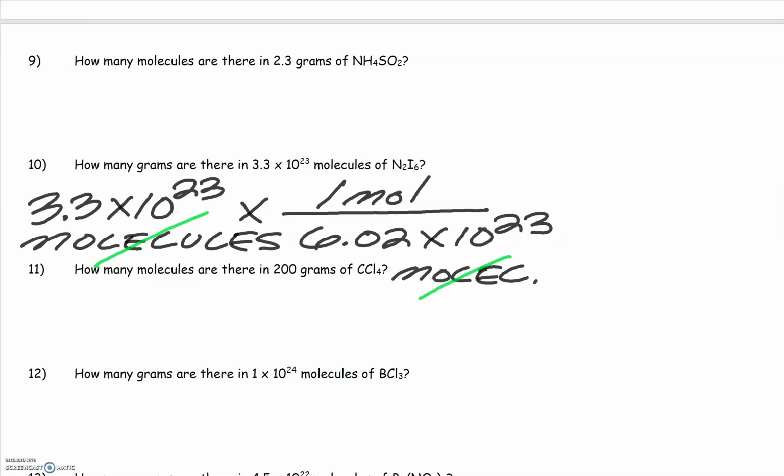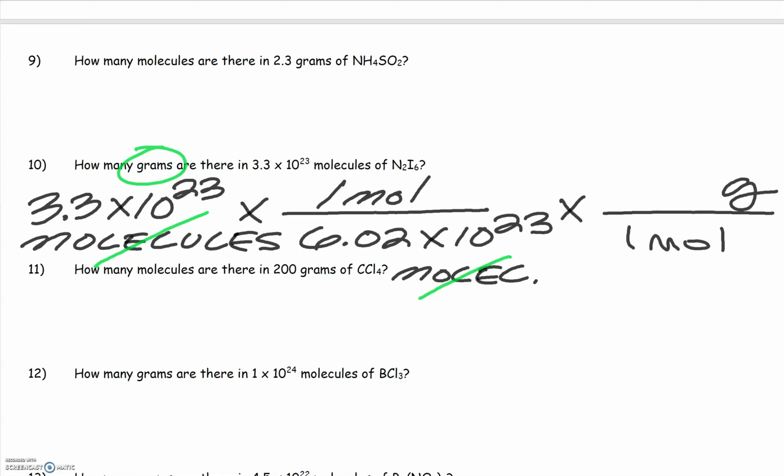Then we're going to go ahead and go to the unit that they want. They want grams. And so that means now, different than the one we did a minute ago, my second conversion factor is going to have grams on top, and it's going to have 1 mole on the bottom. So grams, again, where do we get grams?